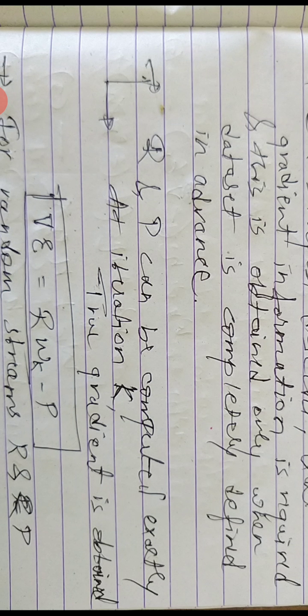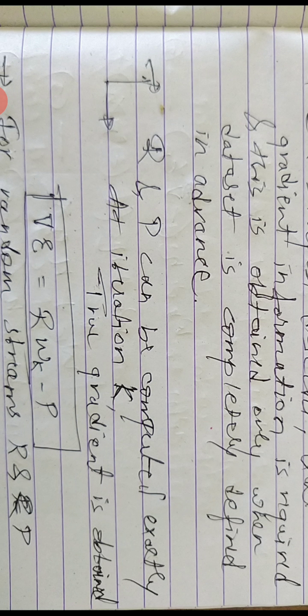But there could be a case wherein your R and P cannot be computed very accurately. This case would arise when you have a random stream of patterns. Remember friends, calculation of R and P accurately is very important, and R and P can be calculated accurately only when your data sets are completely defined in advance.